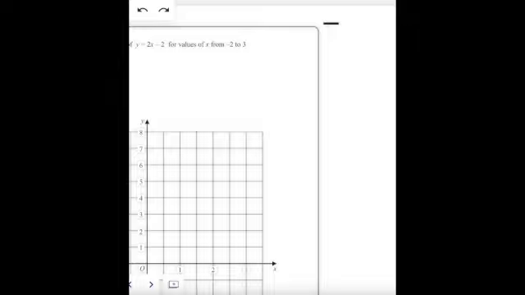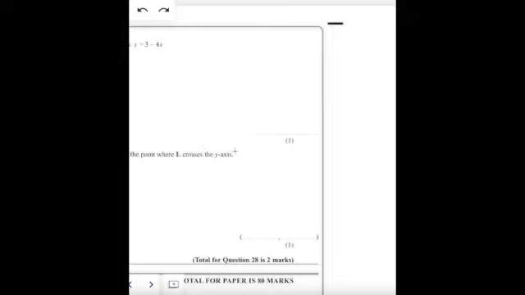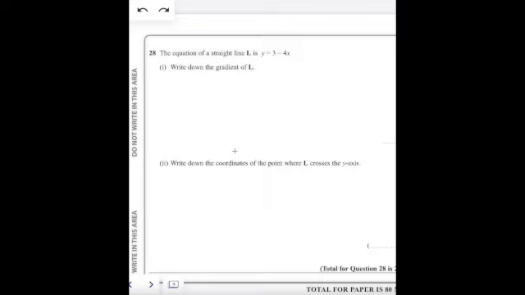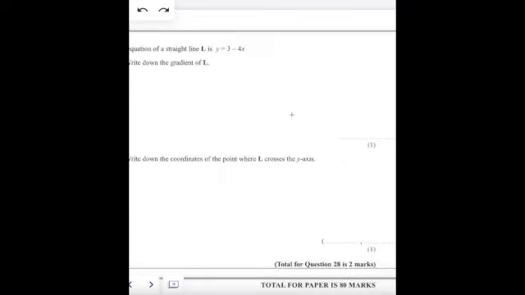And you can see, as you go through each question, it doesn't really get much harder from the next. If I go all the way to the last question, question 28, it's a straight line of the equation L, y equals 3 minus 4x. Write down the gradient. Remember, the gradient is the number next to the x, so it's minus 4.